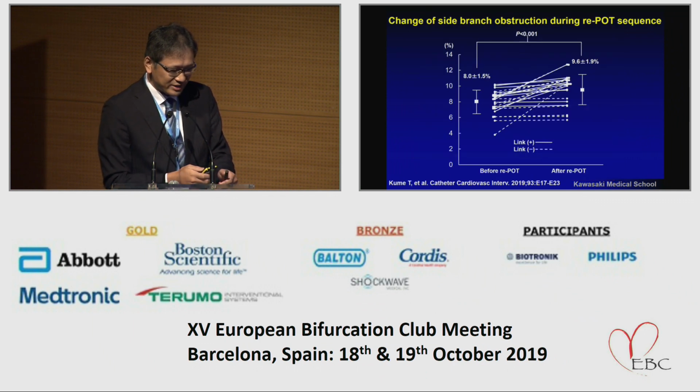In addition, regardless of link position, side branch gapping ratio was significantly increased during the second POT procedure.